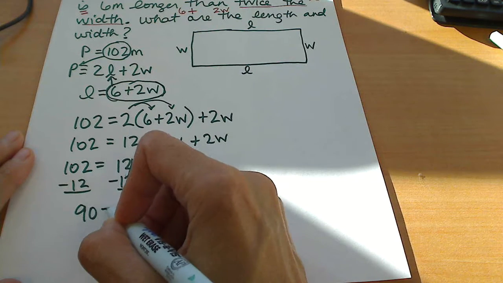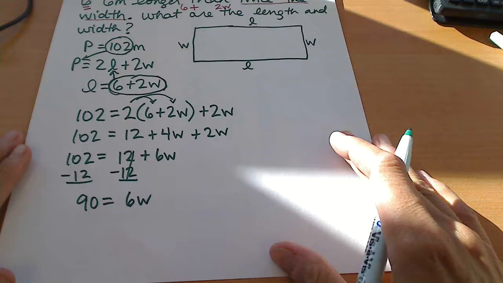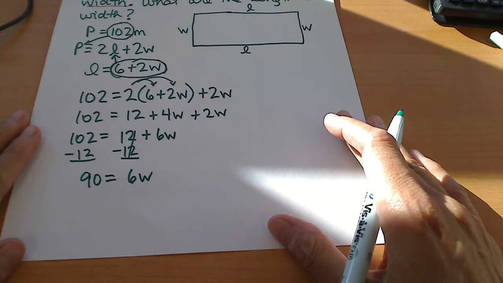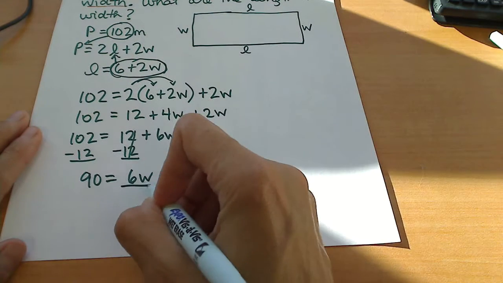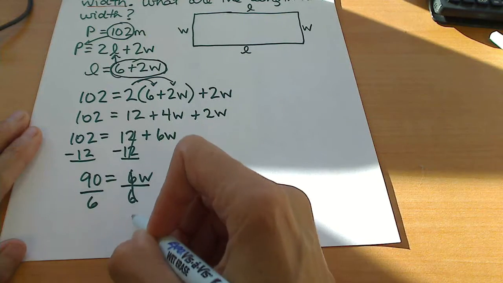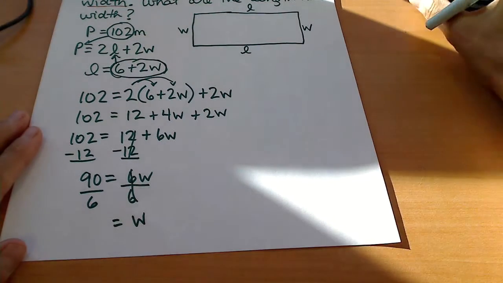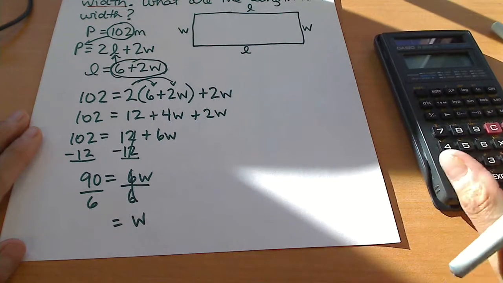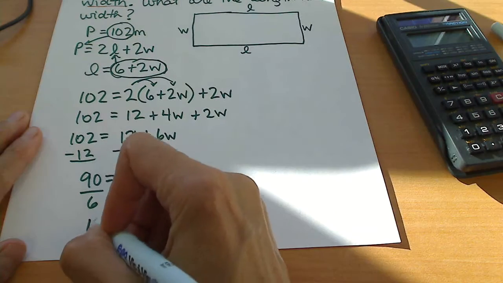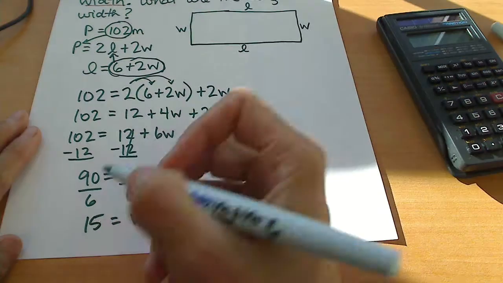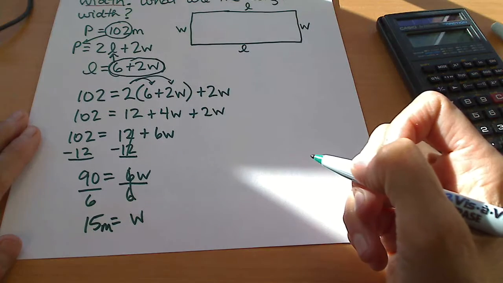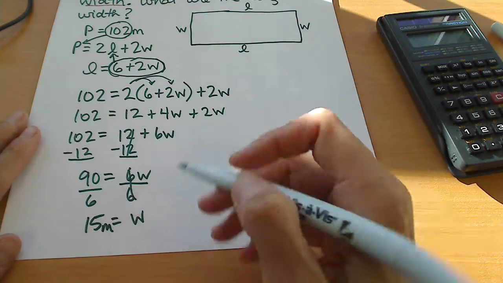So we've got 90 equal to 6W. And then we're going to divide by 6. Okay, so W here is 15. All right, let's add our units back in. So that is meters.